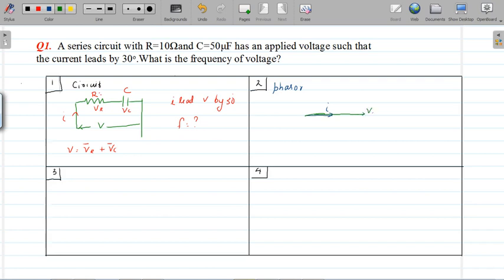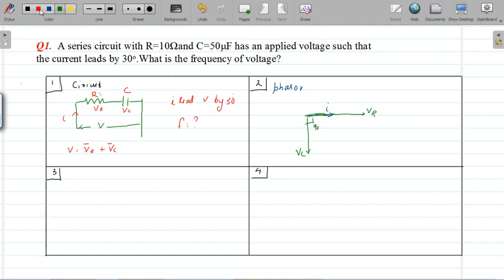In a capacitor circuit, with respect to voltage, current is leading, so I'm drawing VC like this. The current through the capacitor I leads the voltage by an angle of exactly 90 degrees.